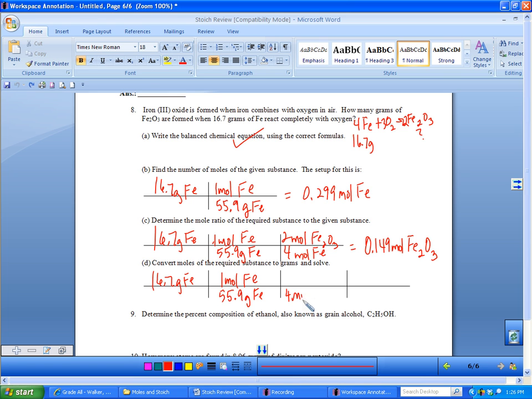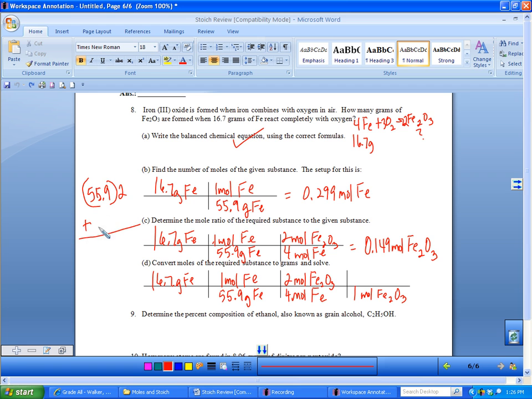4 moles of Fe for every 2 moles of Fe2O3. And then we know that the final step is to do a gram formula mass, and this will always be 1 mole. 1 mole of Fe2O3. So I'm going to go to the periodic table, and I'm going to say, well, I have 55.9 times 2.